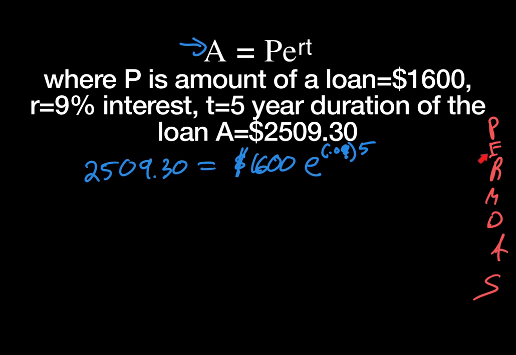And actually within exponents, there are parentheses, because within the exponent there is multiplying going on. So that has to happen first. So I'm going to have 2509.30 equals 1,600 times e to the 0.09 times 5, which would be 0.45.